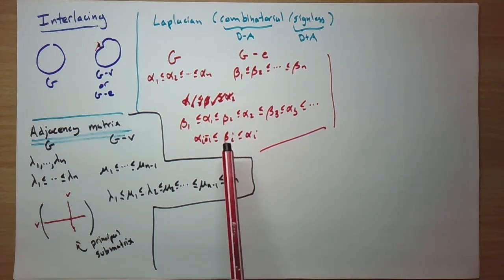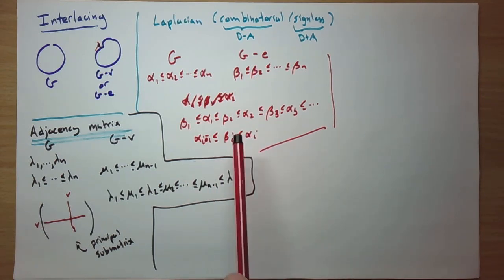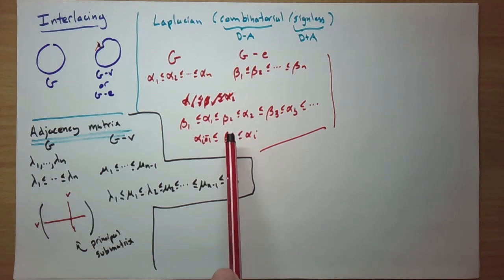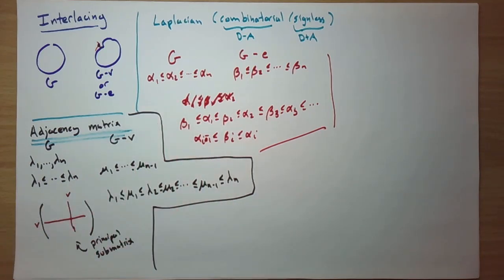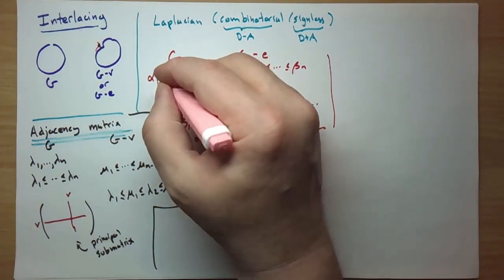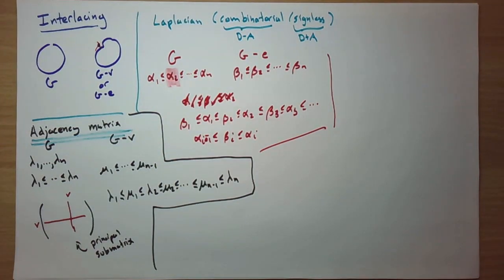And so we get back to our mention that we're interested in our small eigenvalues, and in particular for the Laplacian, your first eigenvalue, not interesting, 0. Your second eigenvalue, your alpha 2, that's the interesting eigenvalue. That's called algebraic connectivity.